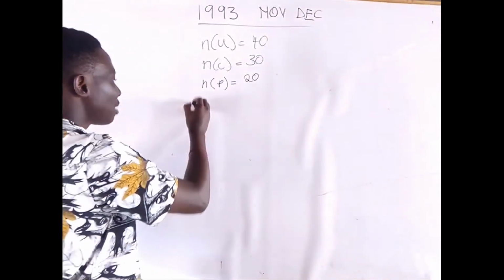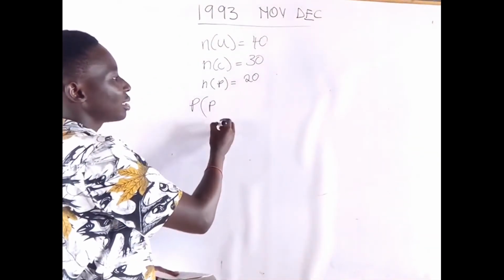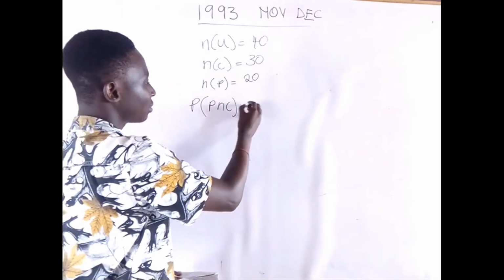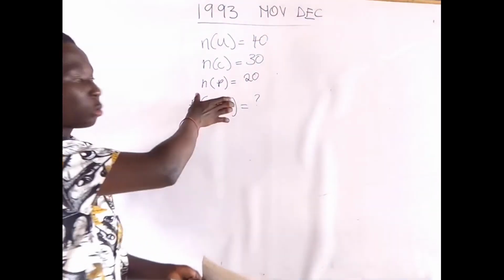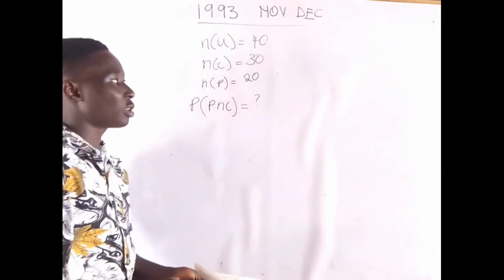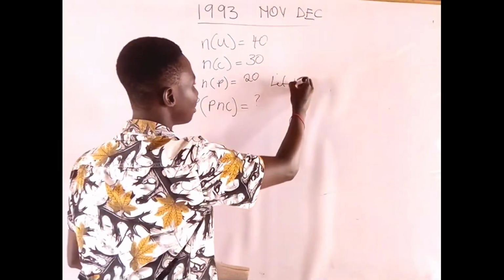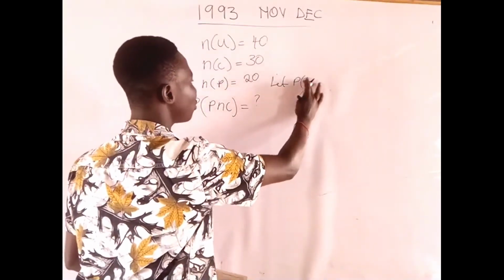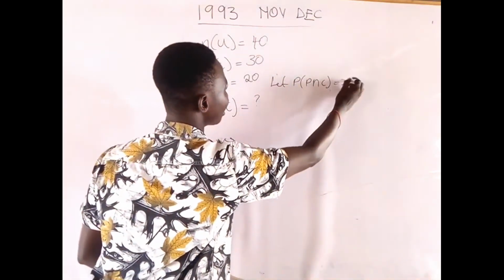We don't know the number of students who read both physics and chemistry, so let that be equal to x. Those that study both physics intersection chemistry equals x.